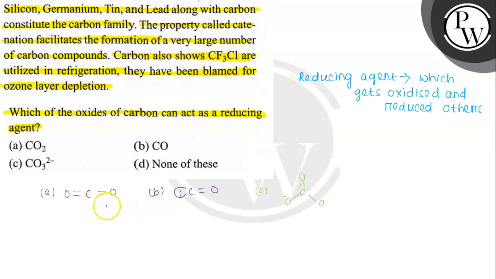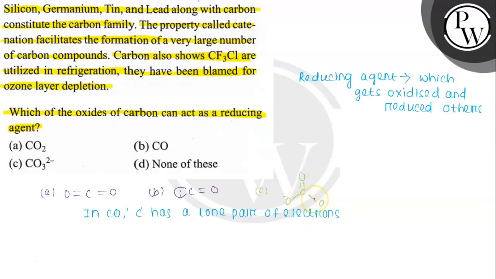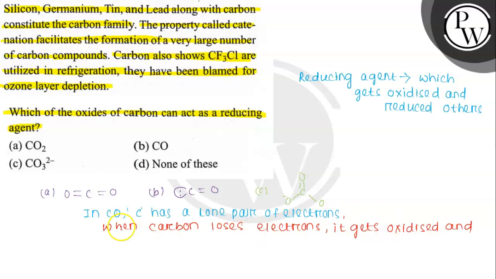So in CO, carbon has a lone pair of electrons, and when carbon loses electrons, it gets oxidized and hence acts as a reducing agent.